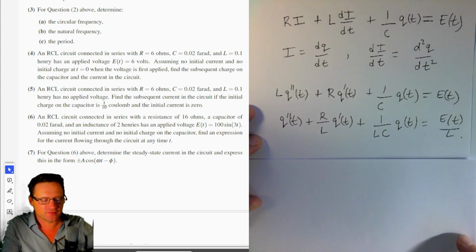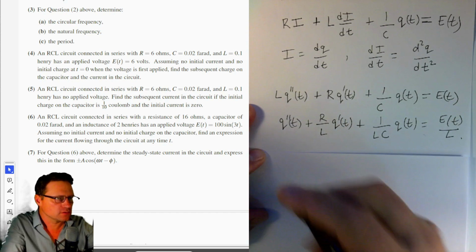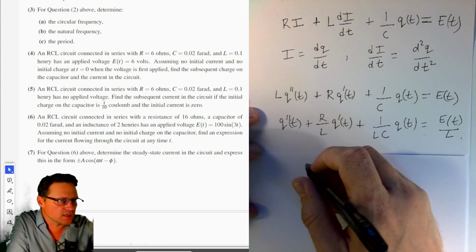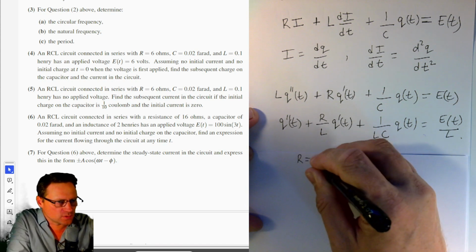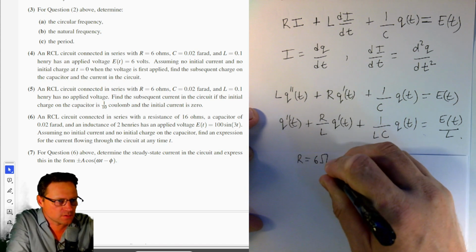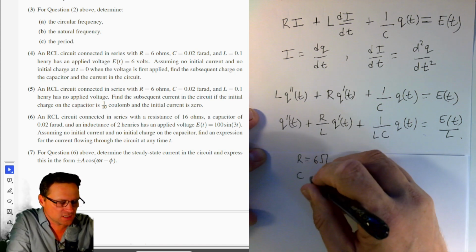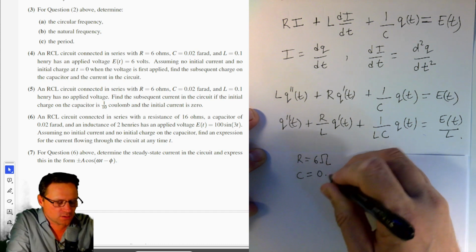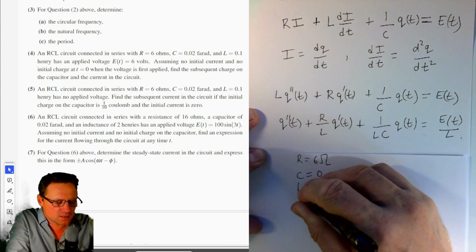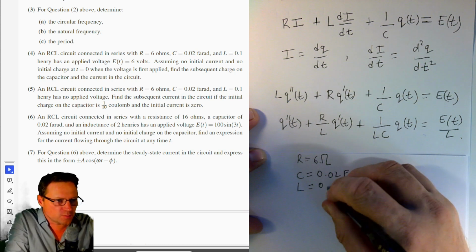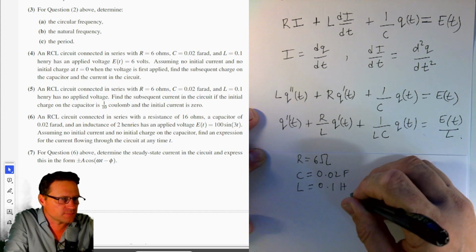So in question 4, we have an RCL circuit with R equals 6 ohms. We have C is 0.02 farads. L is 0.1 henries.